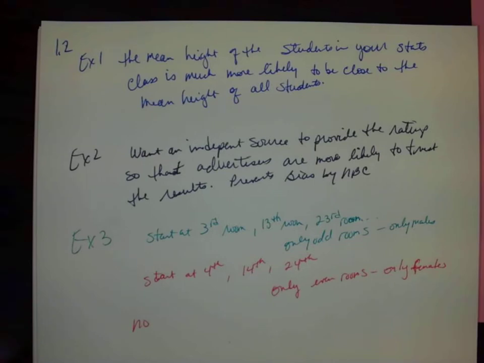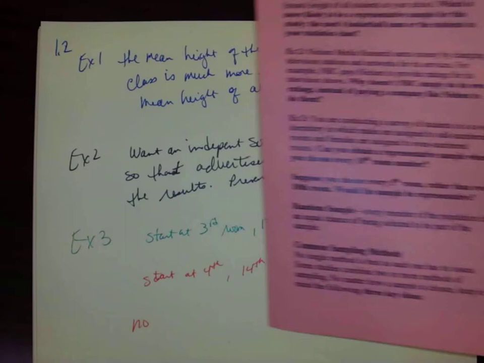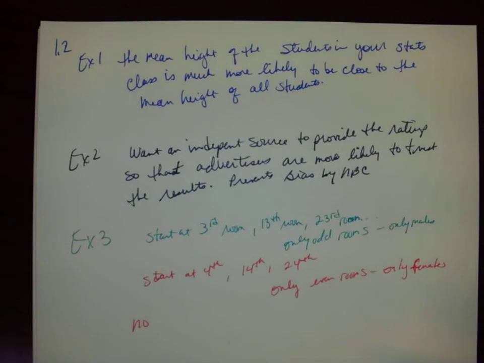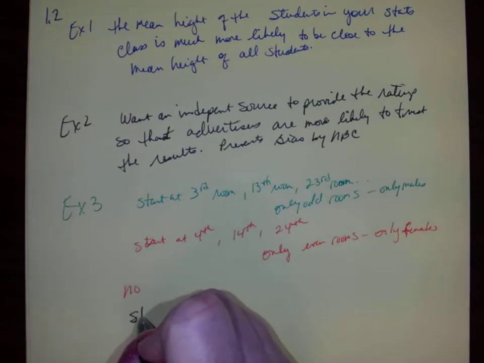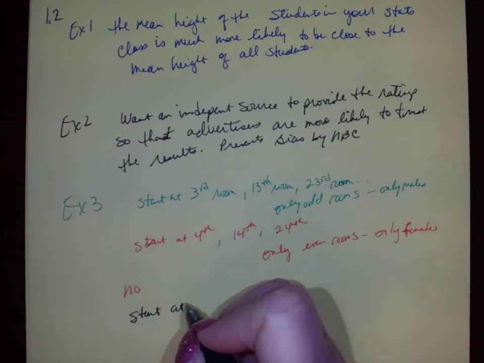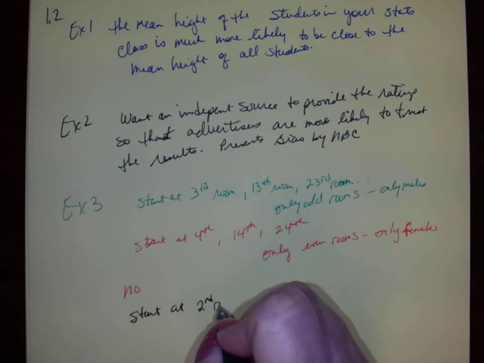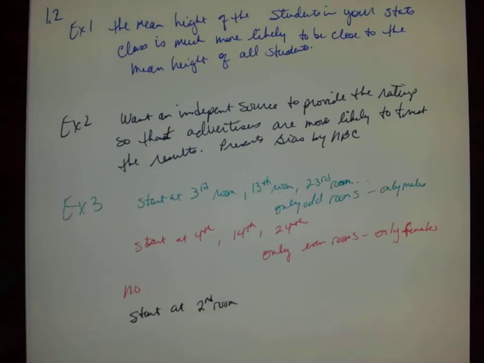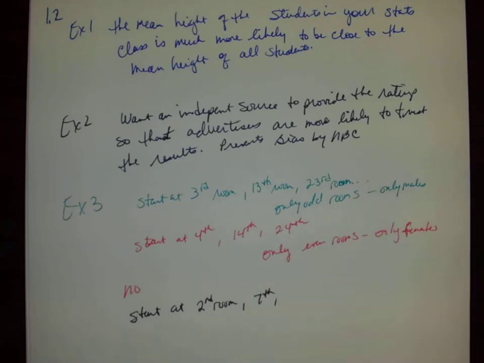Now, what if the next question says, suppose you choose every 5th room. Let's start at, and we could start at the 3rd again if we want to, or we'll start at 2. It doesn't matter. It'll work either way. So let's start at the 2nd room. If we start at the 2nd room, plus 5 will get us the 7th.